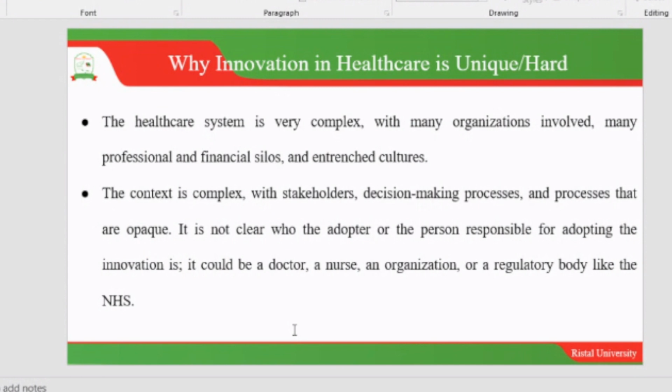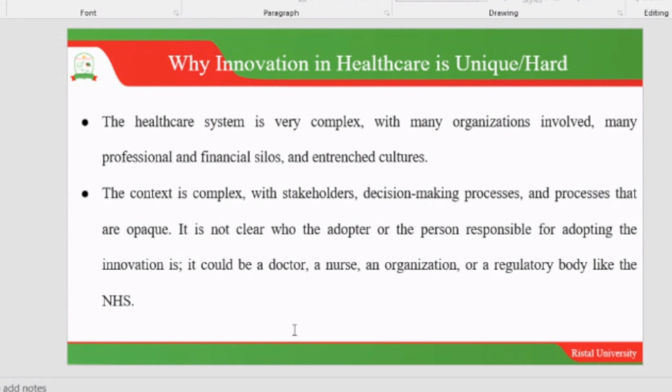So the context of the healthcare system is complex with stakeholders, decision-making processes, and processes that are opaque or unclear, and it is always unclear who the adopter is or the person responsible for adopting the innovation.